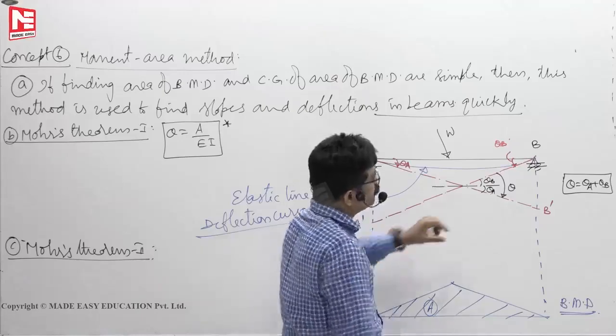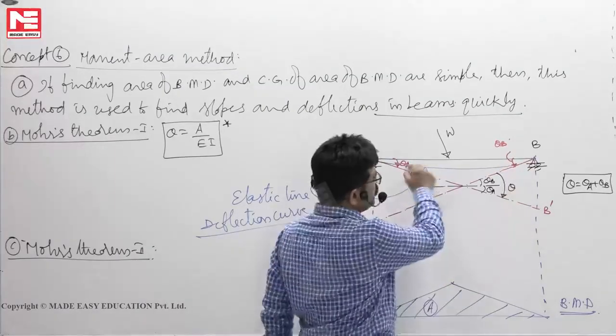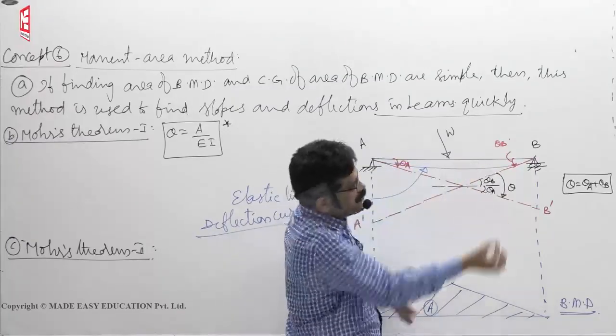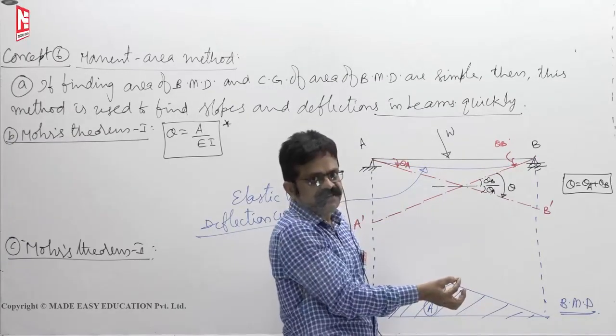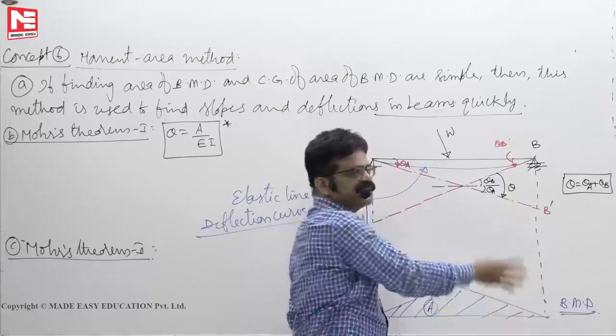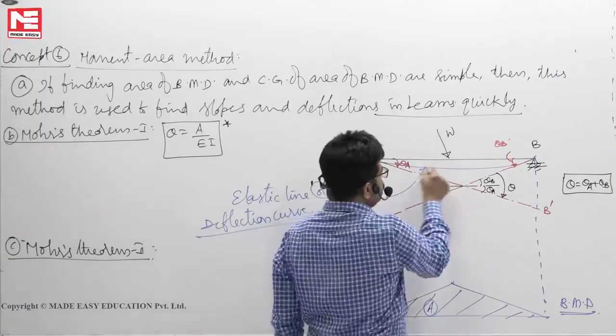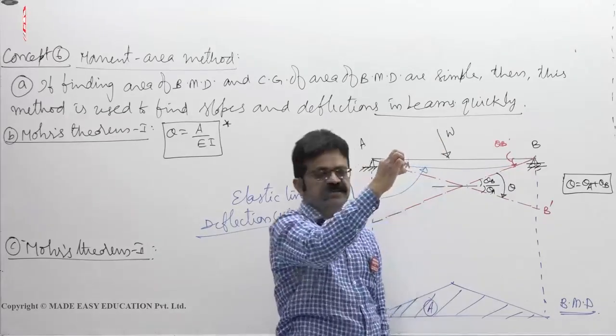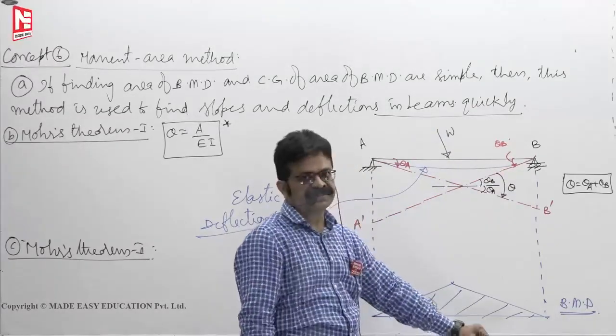Okay? So this BB dash actually it is a curve, an arc. AB rotated. So BB dash is like an arc of a circle. But because it is very small, you took it as a straight line. So these are very small. If I draw a tangent like this, most of you cannot see that BB dash. So I pulled it so much down.